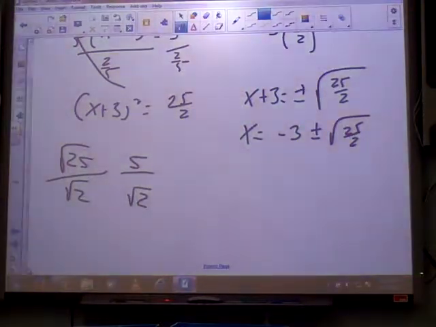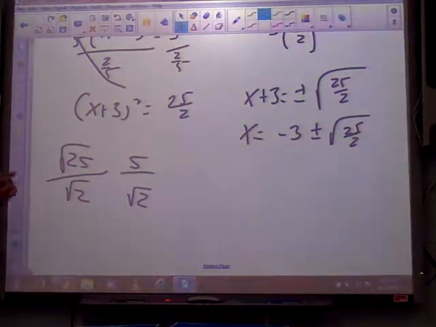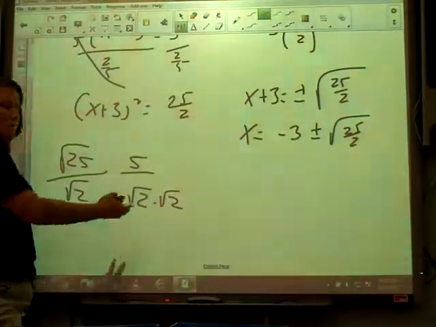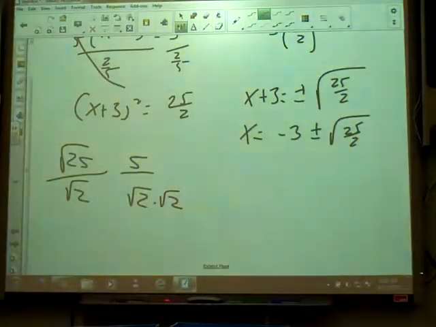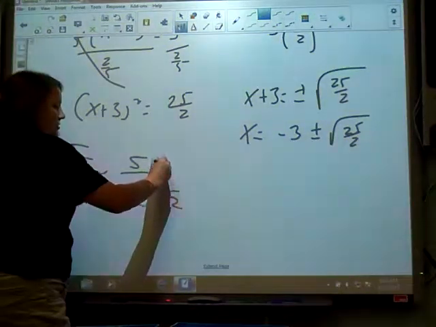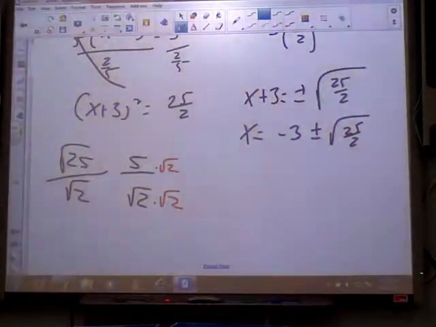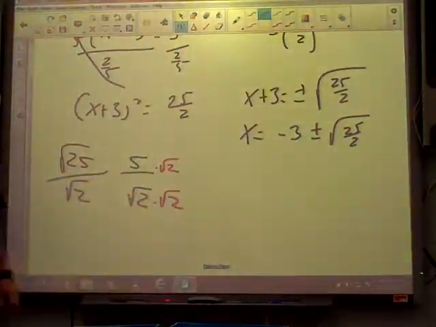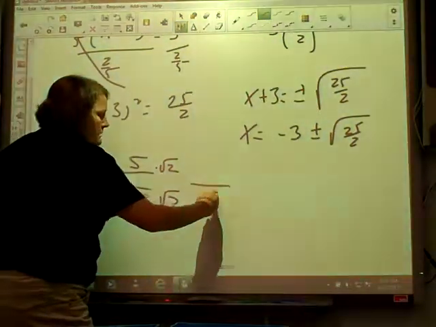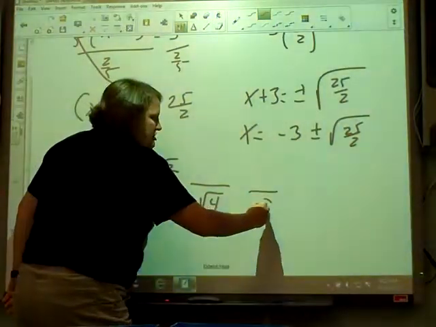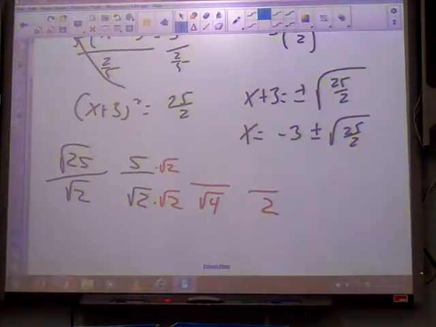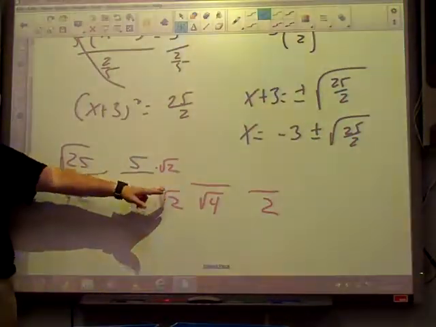Multiply. What times what? 2. Good, Dalton. Square root of 2 times the square root of 2 will make that a perfect square, right? Whatever I do on the bottom, I have to do on the top. Square root of 2 times the square root of 2 is the square root of 4, which is 2. Our answer's 2? No, that's just the denominator. Remember, whatever you do on the bottom, you have to do on the top.